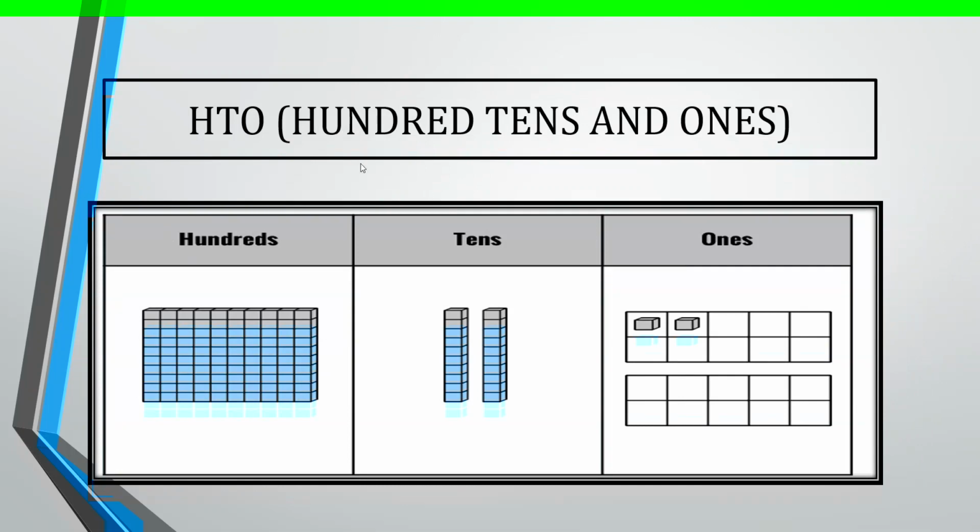In this slide you can see HTO. HTO, H is the hundreds, T is the tens and the O is the ones. There are 100 boxes connected to each other. These numbers you have to count. Here two columns you have to use. The one column is the 10 boxes.